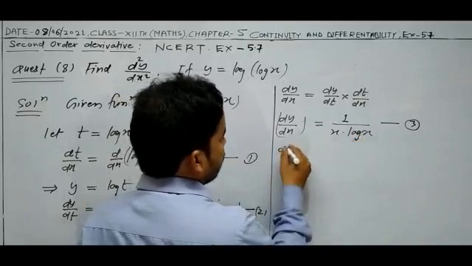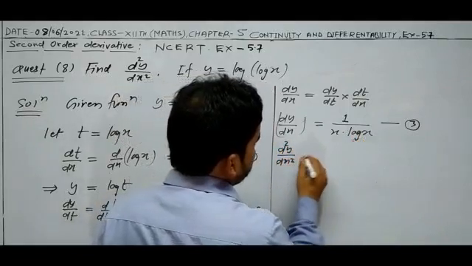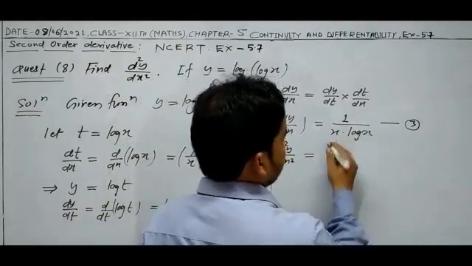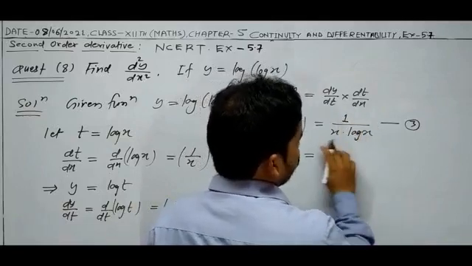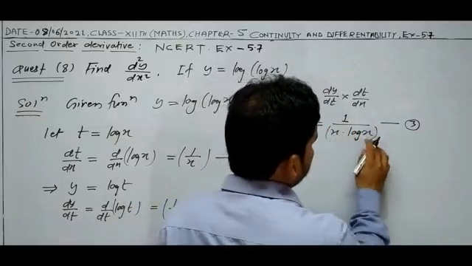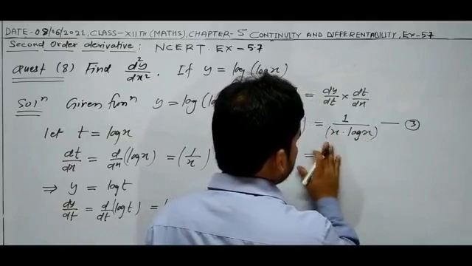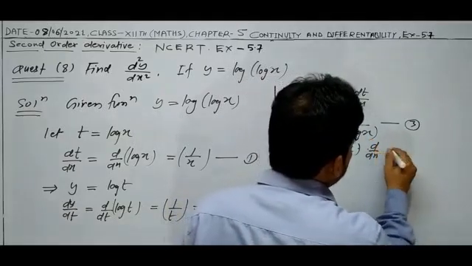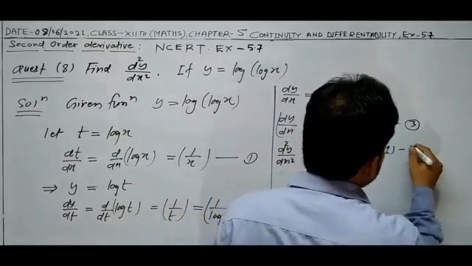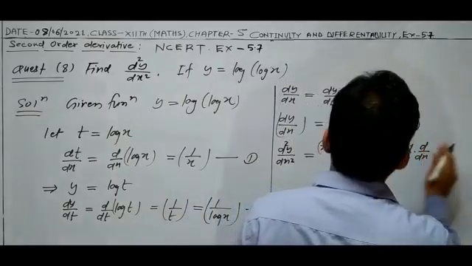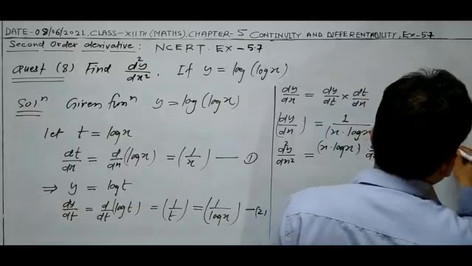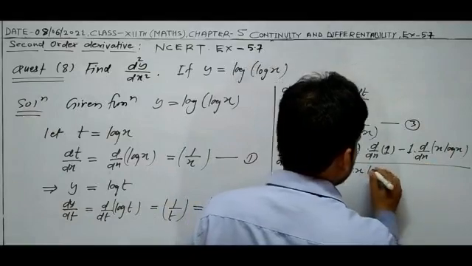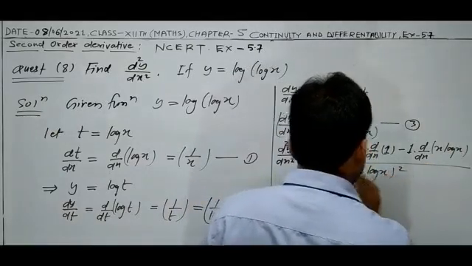So what will be the result? d2y by dx2 is equal to d by dx of 1 upon x log x. So g of x, in the place of g of x there is the value x times log x. So g of x into d by dx of 1, minus 1 into d by dx of x log x, whole upon x log x whole square.